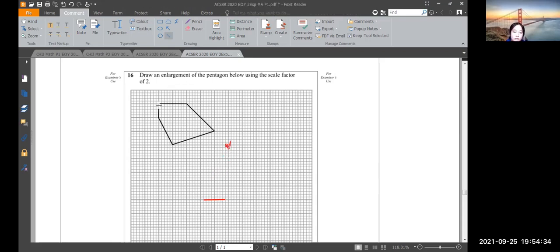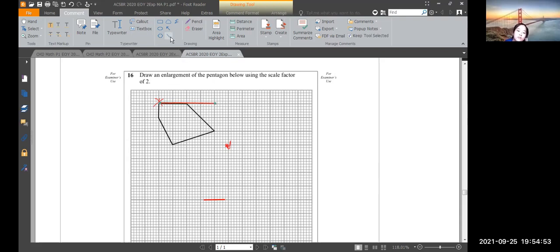Now we go back to this question. We fix a point first. Let's assume that this is the start point. If this is the start point, 2 times here, 2 unit, 4 unit until here.